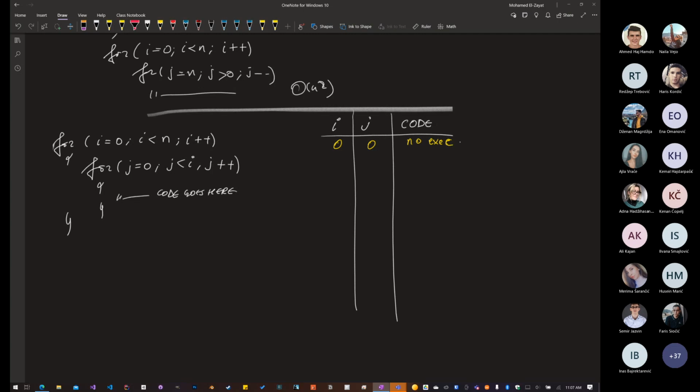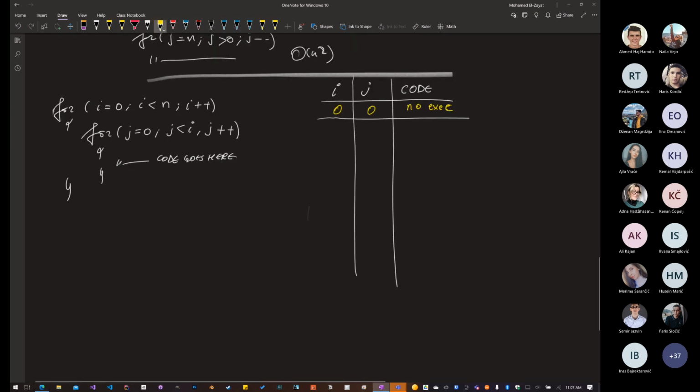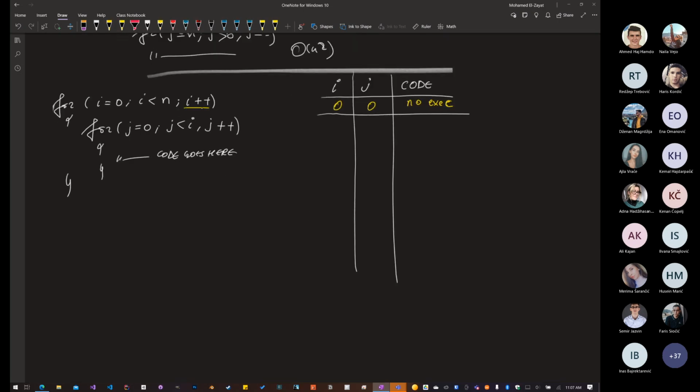No exec. This will not execute for the first loop. So this loop is done, and we get out of it. Let me draw a line here. Now I will increment.